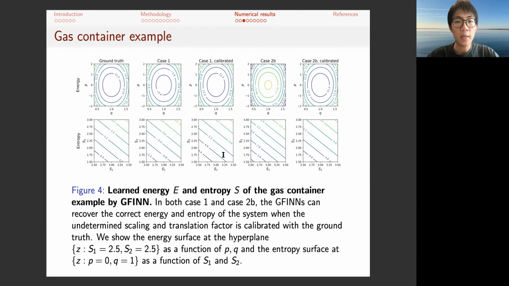It turns out that after some calibration procedure, in both case 1 and case 2B, our model is able to recover the correct energy and entropy contours for this gas container example.